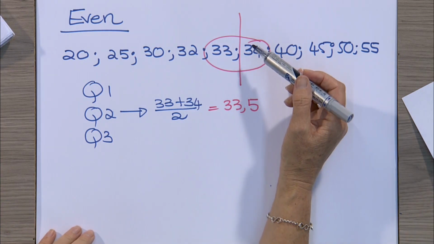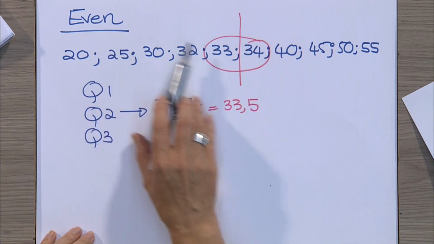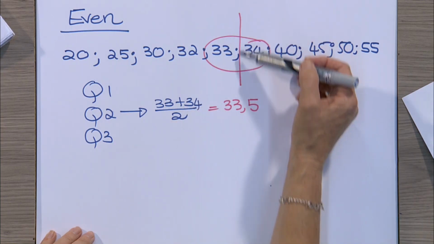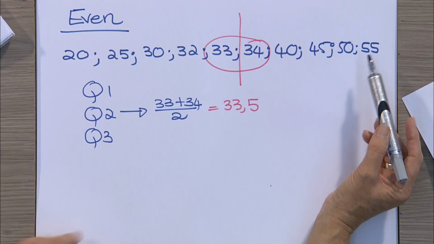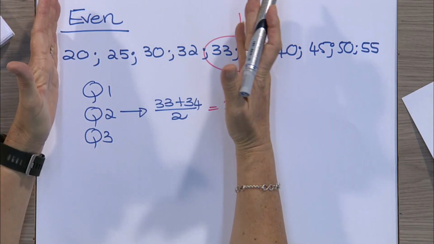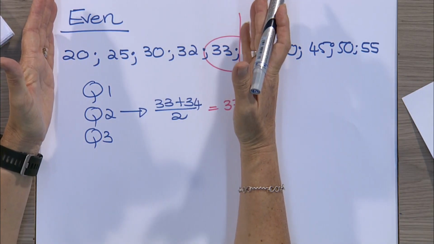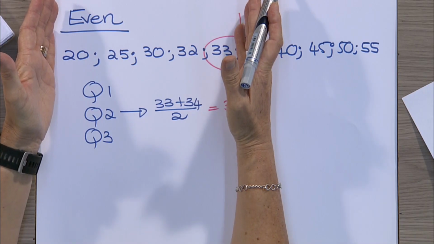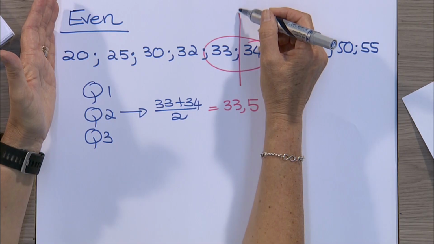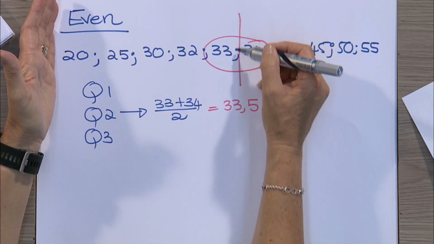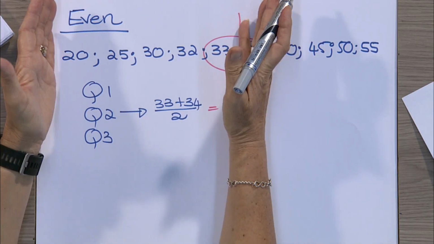Now, can you see what I've done? I've got an even data set. I've got 2 middle values. I halved my data set, 1, 2, 3, 4, 5 and 1, 2, 3, 4, 5. Now I need to take this side of the data set and divide it into 2 again. Remember, we are busy with quartiles. So I rule a line through my 2 middle values, and then I work with this side.